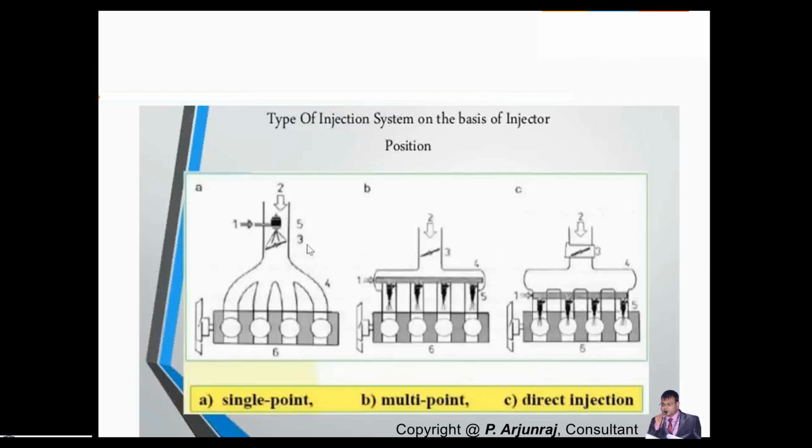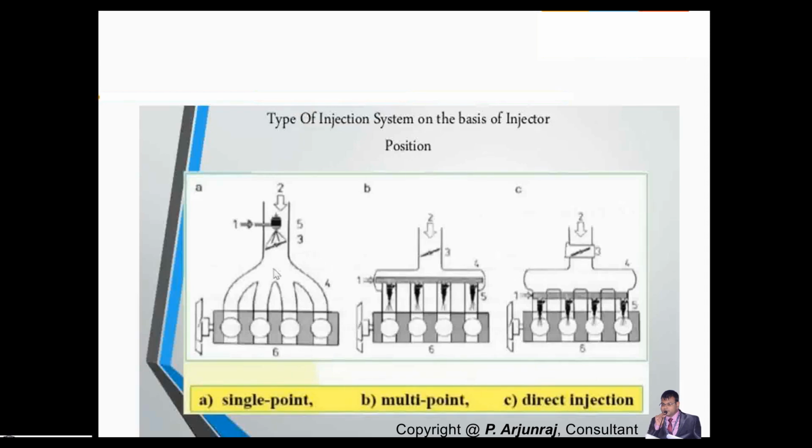Whereas in the case of a diesel engine, only air comes. And you see here, in the case of a single point injection system, you are going to have a single injector placed near the throttle valve, and whatever fuel and air get mixed is distributed to the cylinders. Here it is a four-cylinder engine.